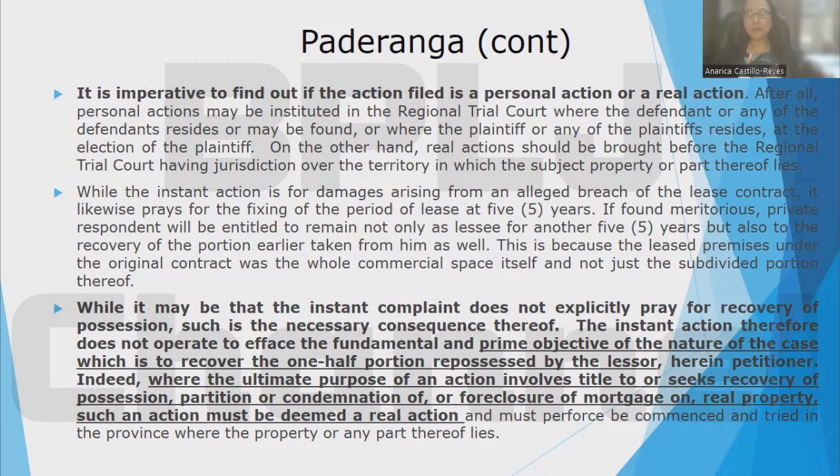This case, therefore, does not operate to efface the prime objective of the nature of the case, which is to recover the half portion repossessed by the lessor, where the ultimate purpose of an action involves title to or seeks recovery of possession, partition or condemnation of or foreclosure of mortgage, such an action must be deemed a real action.